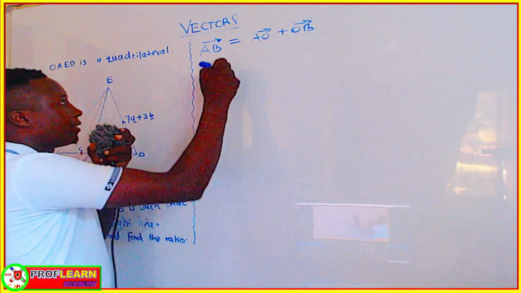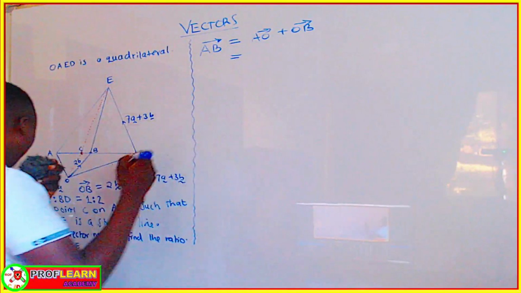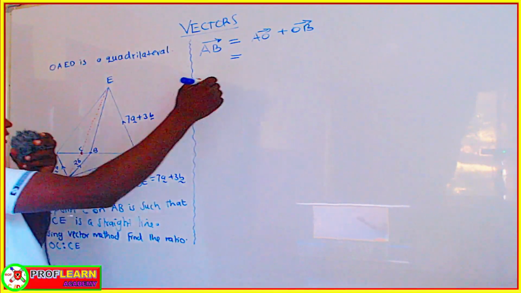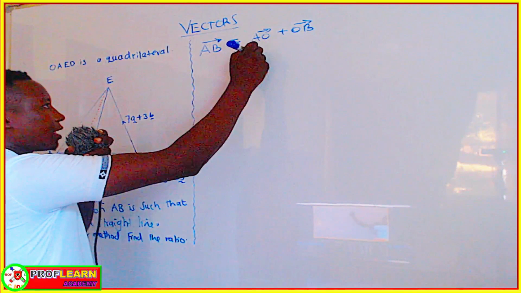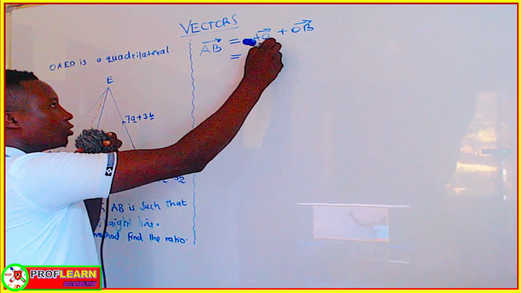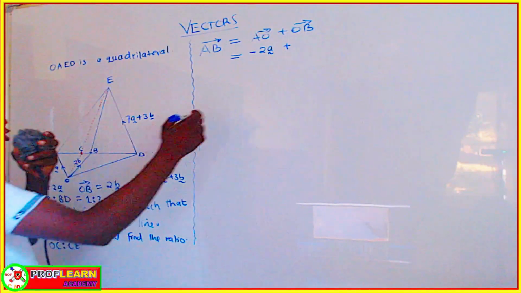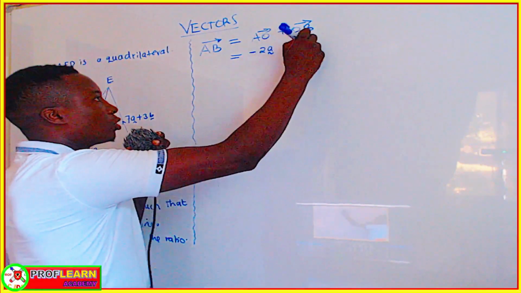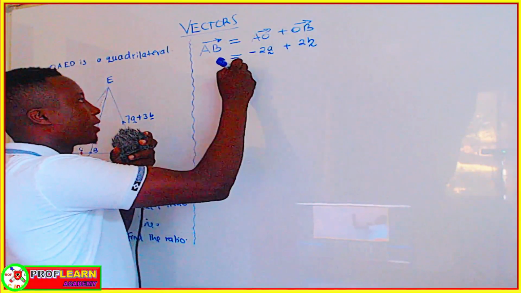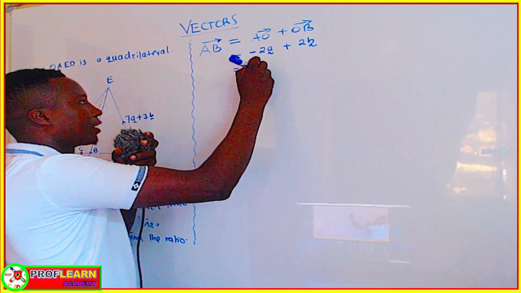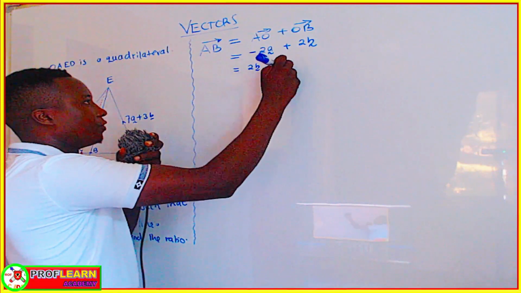We know what AO is because OA is 2 vector A. So if you are going against the arrow, that becomes negative 2 vector A, plus OB, which is 2 vector B. So we can write this as 2 vector B minus 2 vector A.